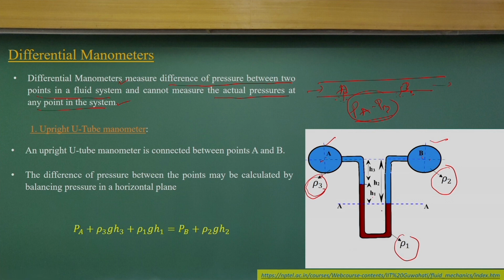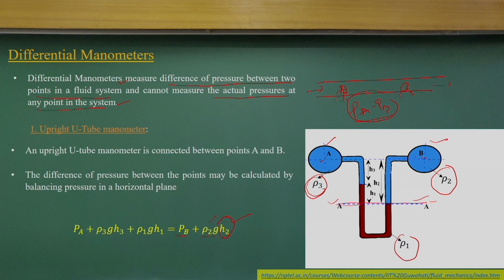Now, I can equate the pressures on the surface AA, because as I already told you, pressure along the surface will be the same. If I start from this side, it will be PB plus rho 2 g H2, that is very clear-cut. PB is the pressure at this point, and the difference will be rho 2 g H2, where rho 2 is the density of this liquid.